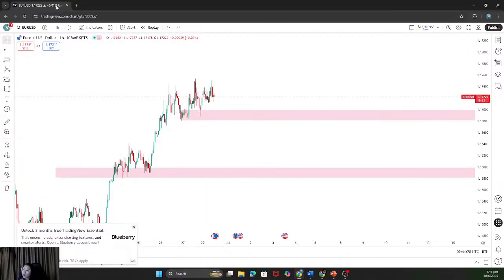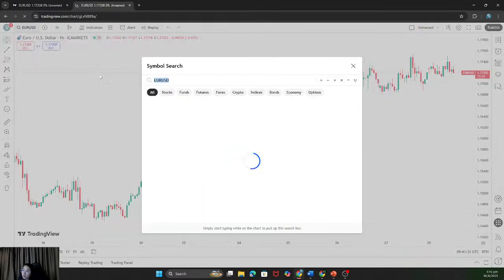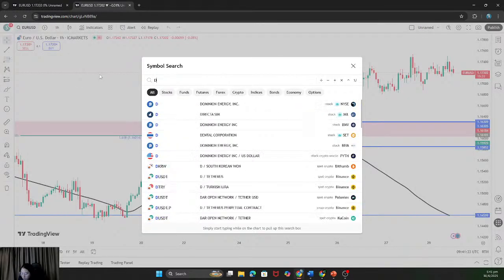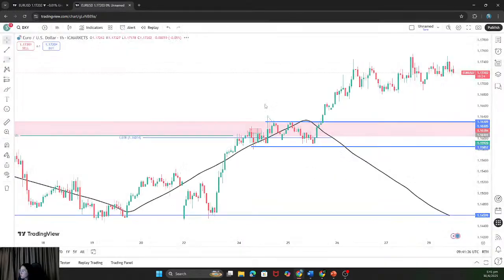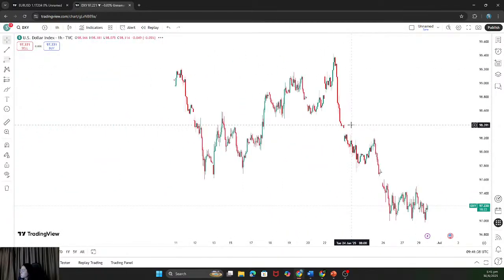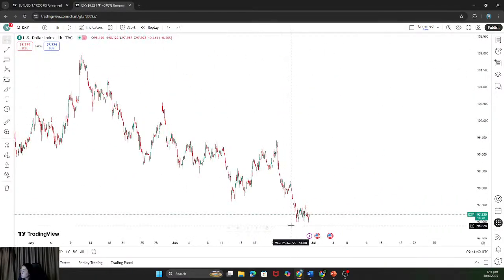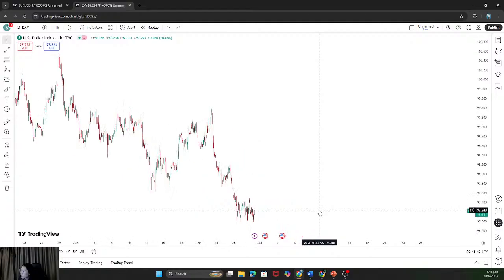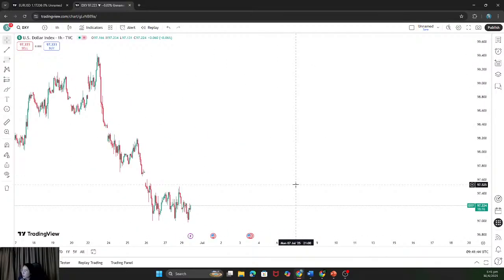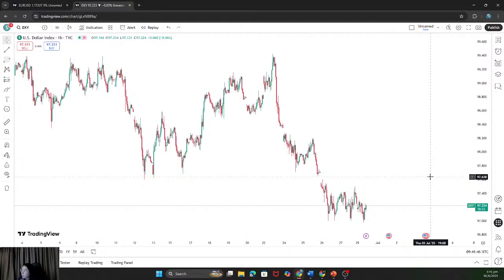Let me see what DXY is doing. Yep, doing the same thing. It's kind of going sideways and not knowing what to do at this current point of time. Okay, I am happy with this. Yeah, I'm happy with this.